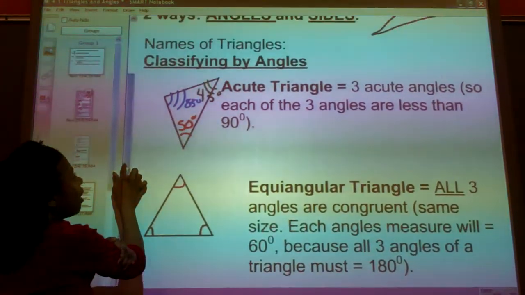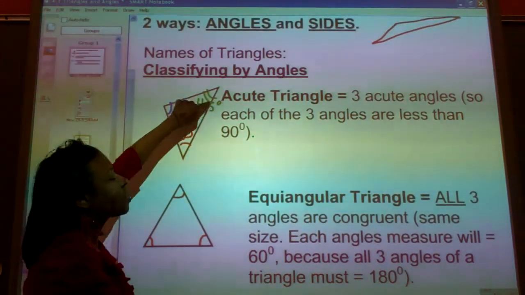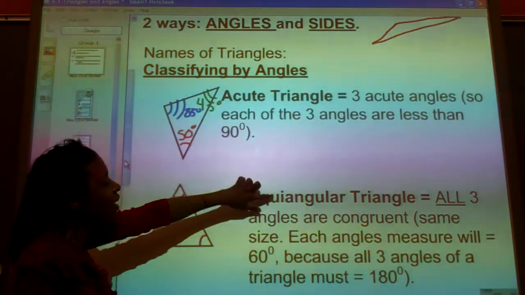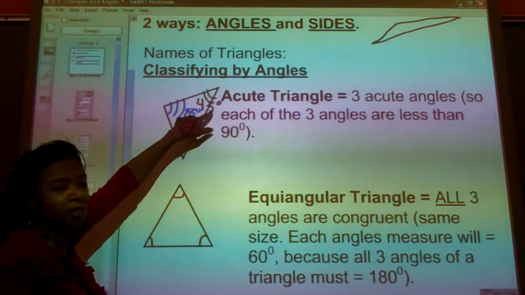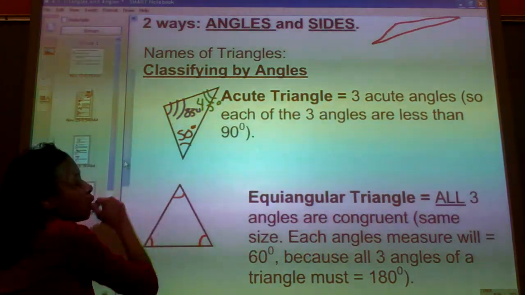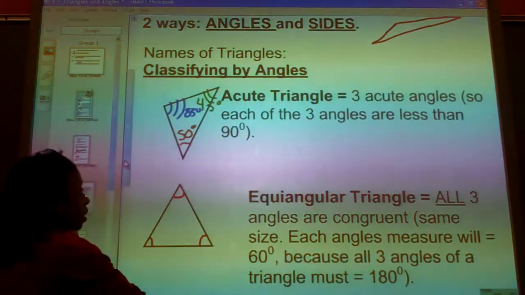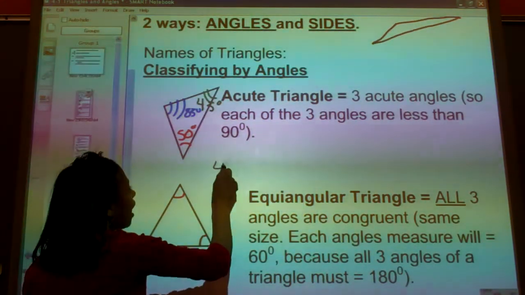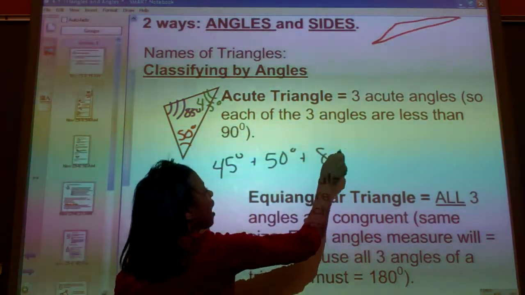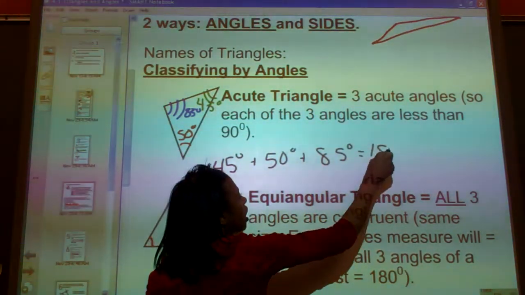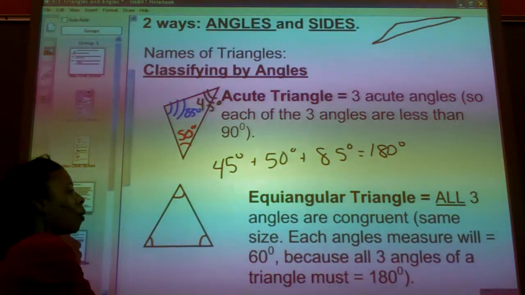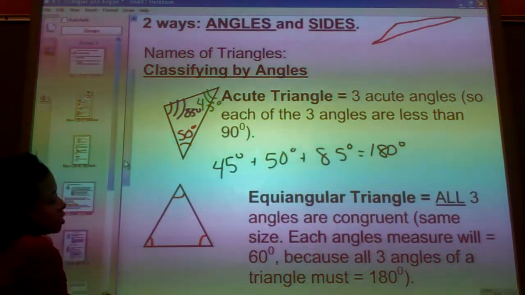And if I back up, the three interior angles here must also equal 180 degrees. Even though it's not equal angular, it's acute, all three angles are less than 90 degrees independently, it still equals 180 degrees. That means the 45-degree angle plus the 50-degree angle plus the 85-degree angle will equal 180 degrees, because the interior angle measures on any triangle must equal 180 degrees.